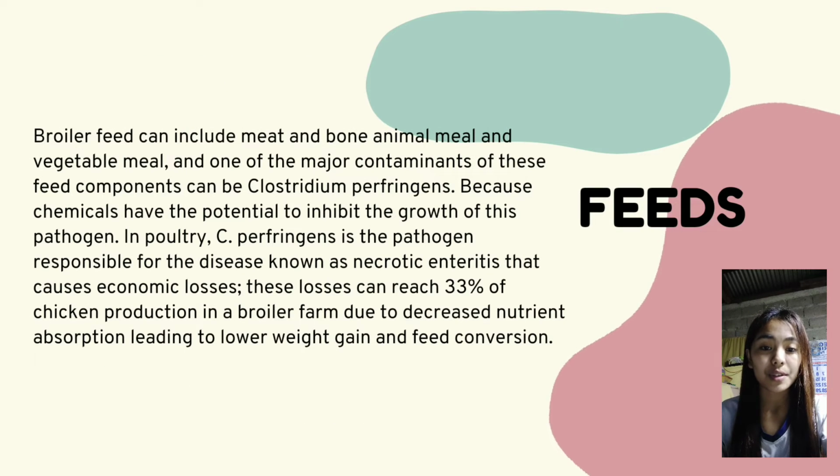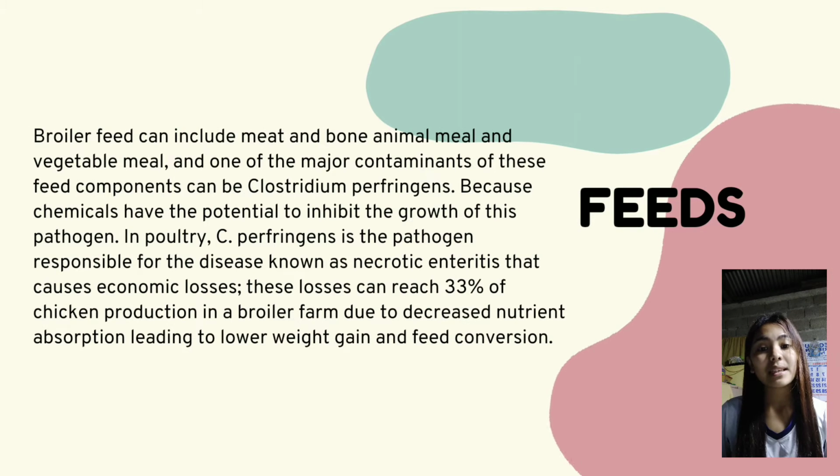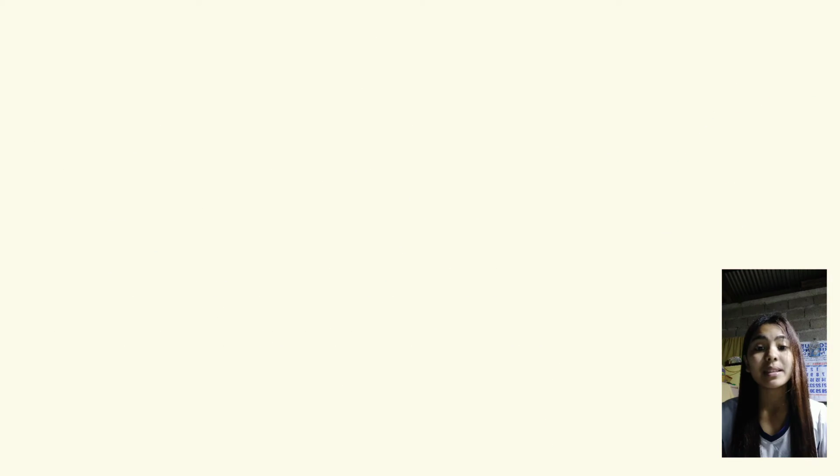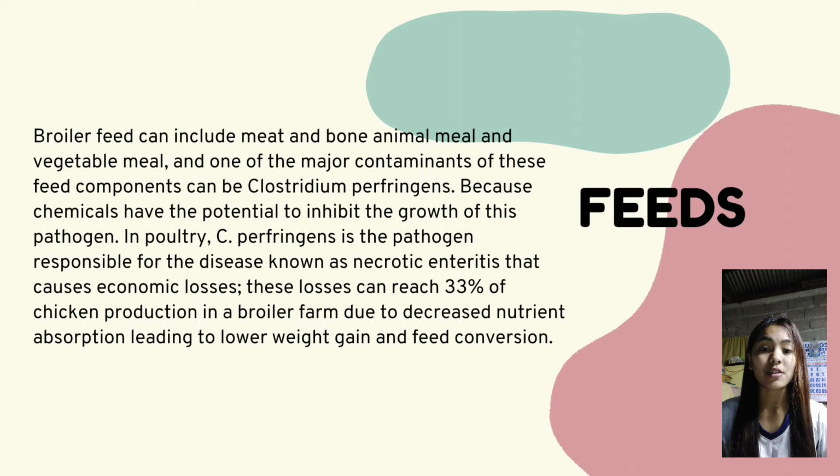The third source of Clostridium is the feed. Broiler feed can include meat and bone animal meal and vegetable meal. One of the major contaminants of these feed components can be Clostridium perfringens, because chemicals have the potential to inhibit the growth of this pathogen.